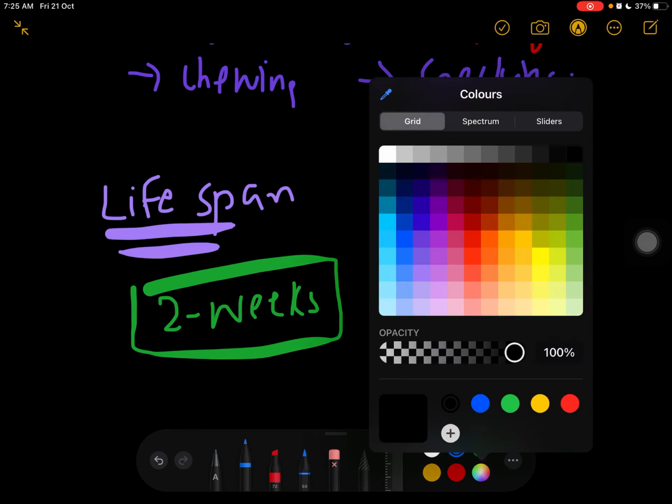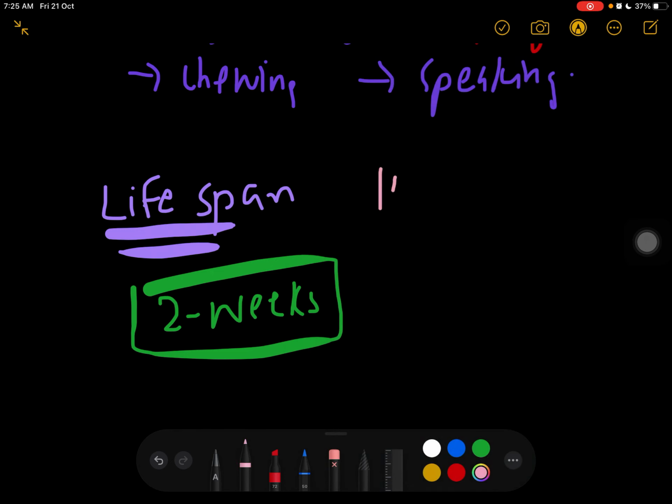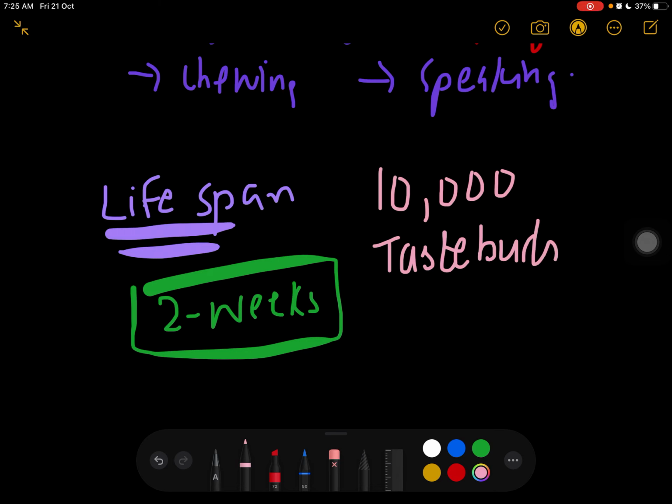So let's talk about the total number of taste buds present. So basically there are 10,000 taste buds, but from that 10,000 only 5,000 are functional.